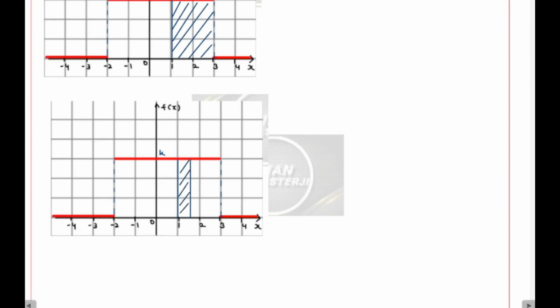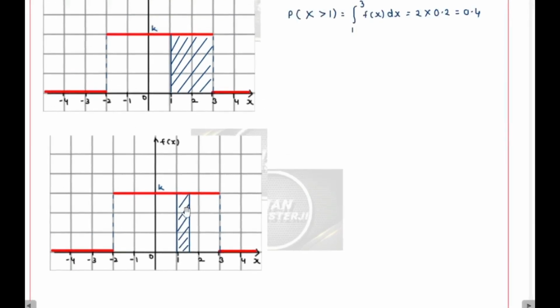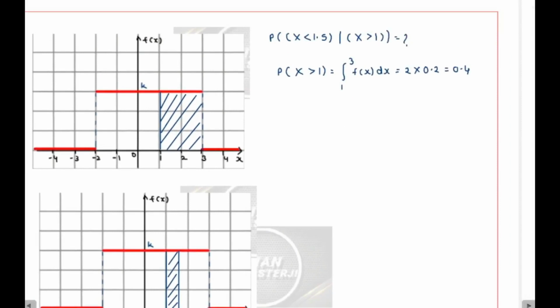So this particular area is actually the common part of this area and this area, correct? So probability of x less than 1.5, the intersection I'll try to find out with x greater than 1, correct?